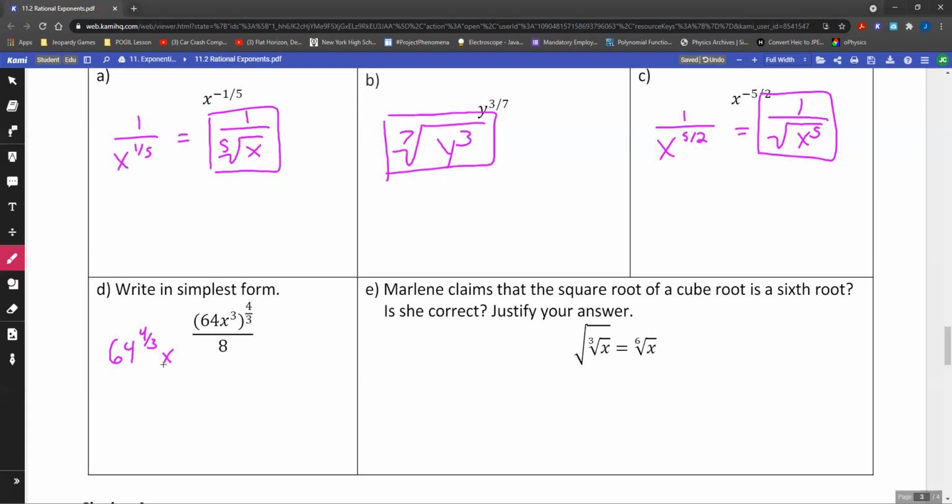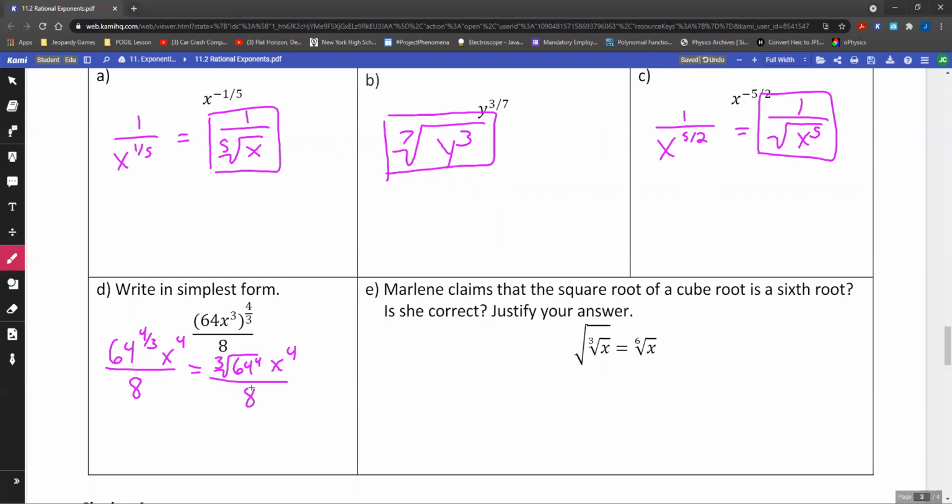Now 3 times 4/3 is actually just going to be a 4. And this ends up being 8. Okay, so this ends up being a cube root of 64 to the 4th, x to the 4th, divided by 8.